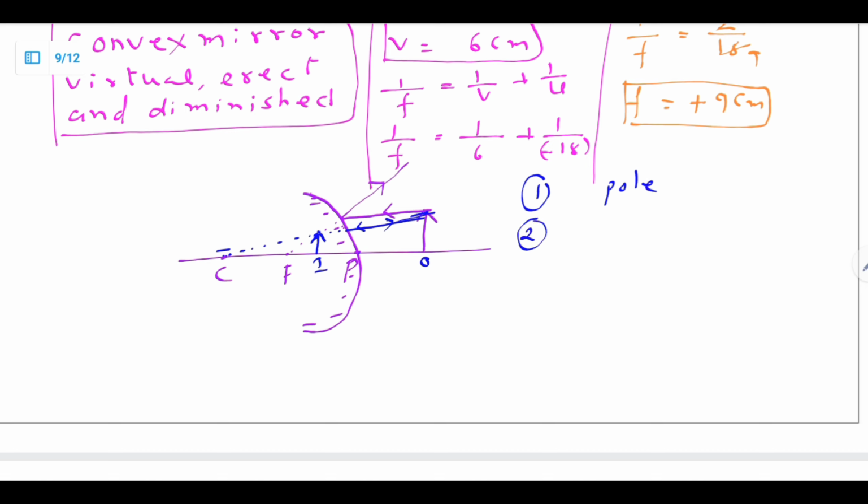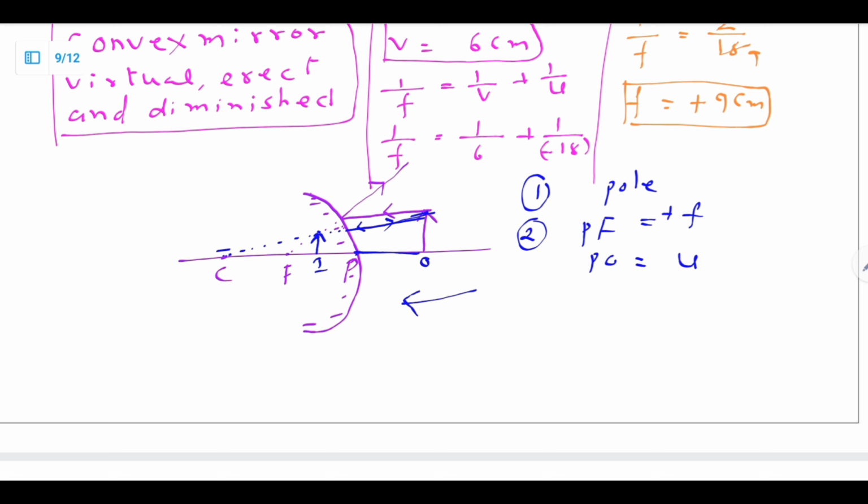Second, the distances measured in the direction of the incident ray are taken as positive. This is the direction of the incident ray. P to F is the focal length, and I am measuring in the direction of the incident ray, so the focal length is positive here. P to O is the object distance.